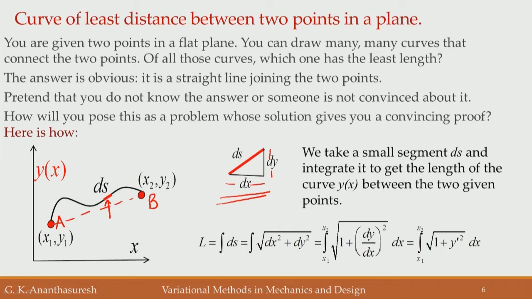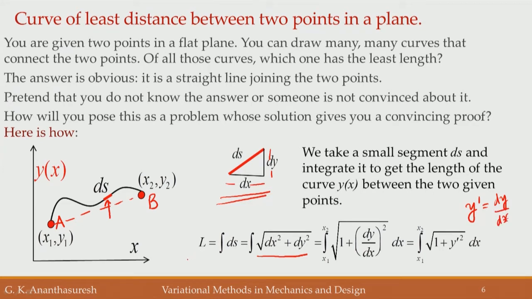Okay. So, ds in that case is given by square root of dx square plus dy square. We take dx out and write it as square root of 1 plus dy by dx square, or in our notation we use y prime, it is a symbol for dy by dx.